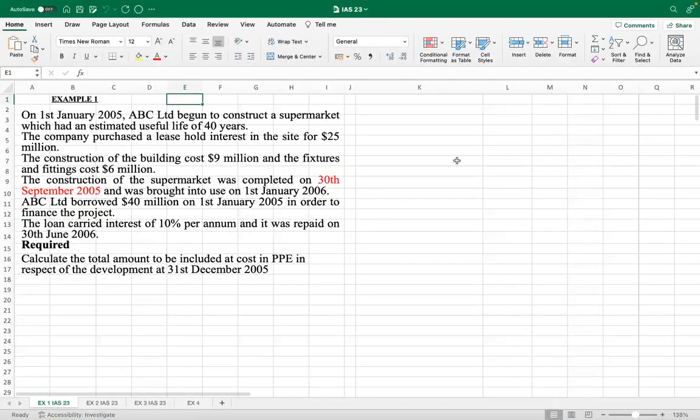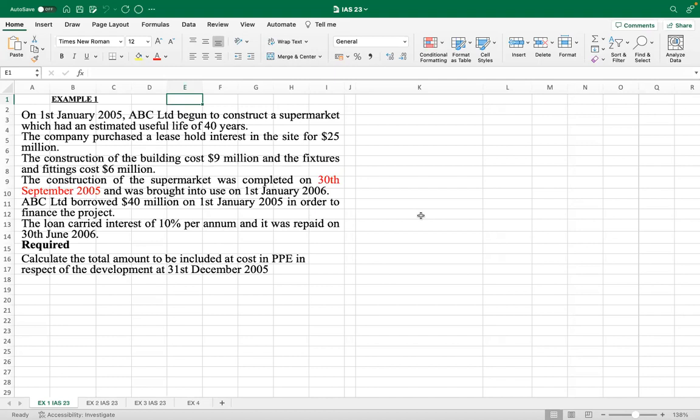So it's the same question. I've now projected it in Excel. The question was read on 1st January 2005, ABC Limited borrowed a loan or began to construct a supermarket. Of course, construction of a supermarket will take a significant period of time, and the useful life of this asset is 40 years.